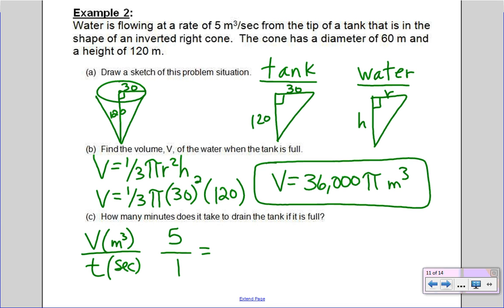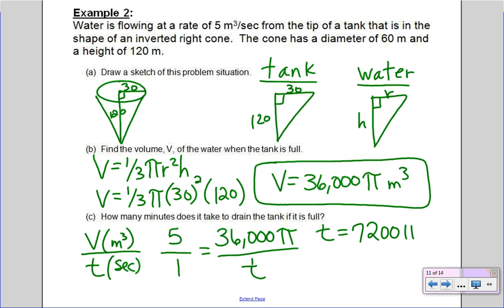So if I know the volume of my tank when it's full is 36,000 pi, then how long is that going to take to drain? Okay, so cross multiply or take 36,000 pi divided by 5, and we get, for the time, 7,200 pi.